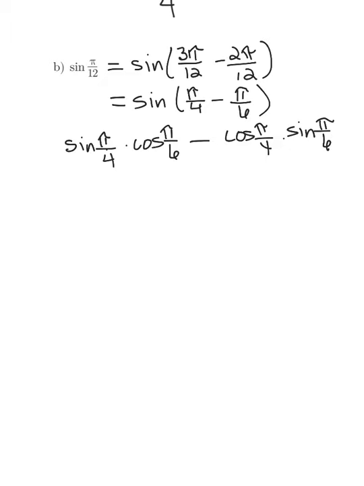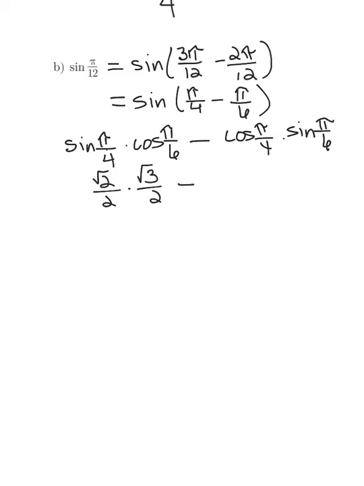Once you have figured this part out, now substitute in your values. The sine of pi over 4 is the square root of 2 over 2. The cosine of pi over 6 is the square root of 3 over 2.